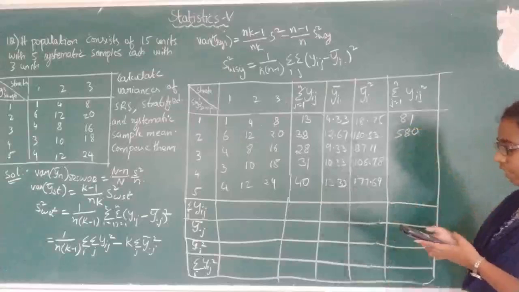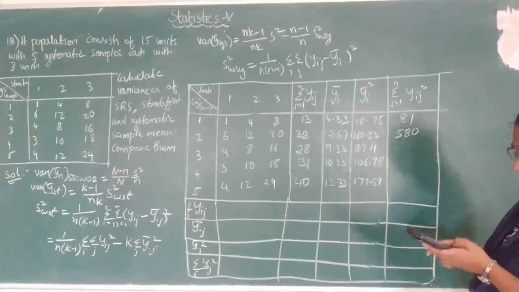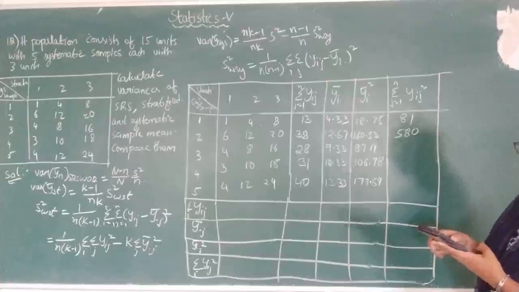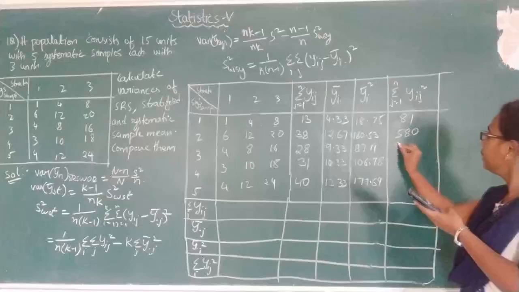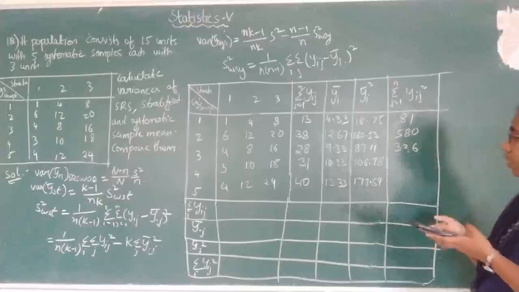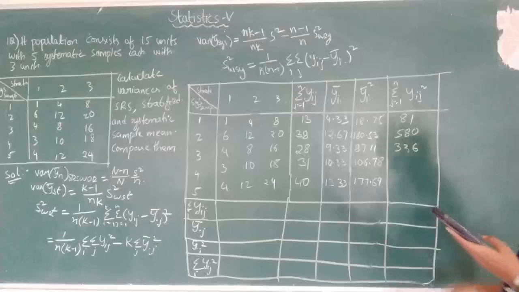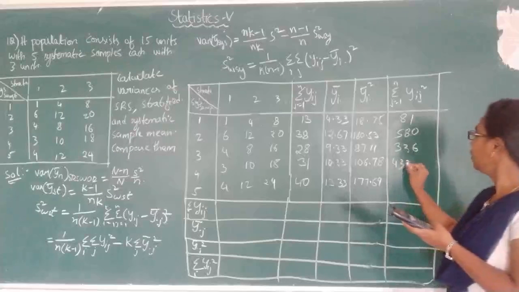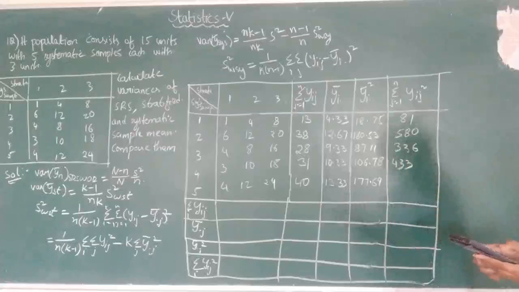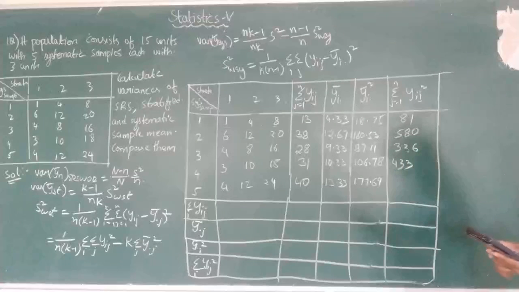Next, similarly, 4 square plus 8 square plus 16 square is 336. Next, 3 square plus 10 square plus 18 square, the answer is 433. Similarly, 4 square plus 12 square plus 24 square is equal to 736.